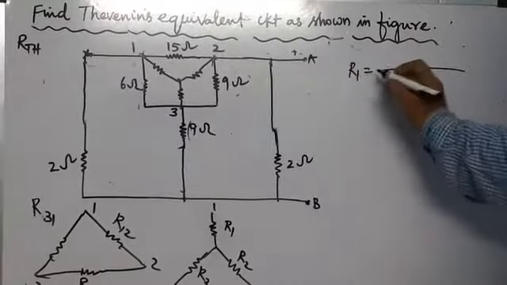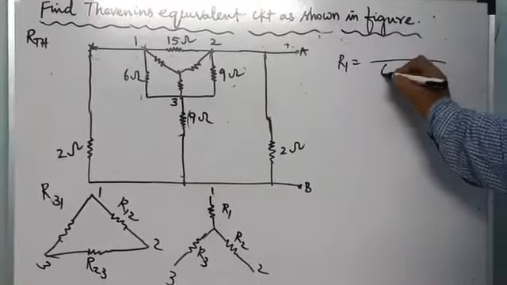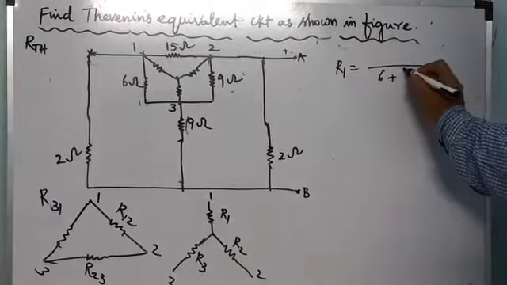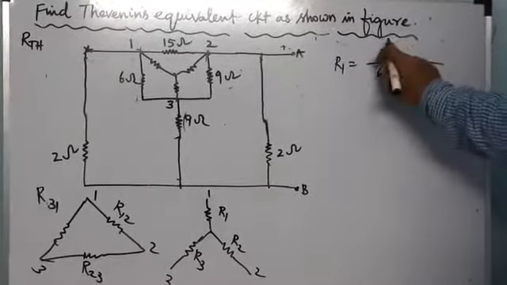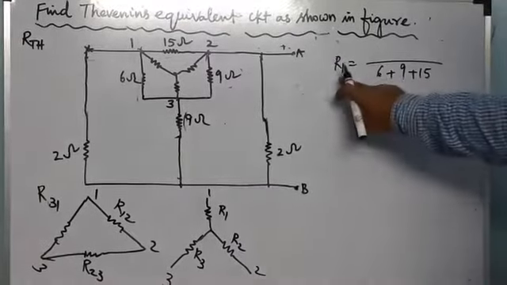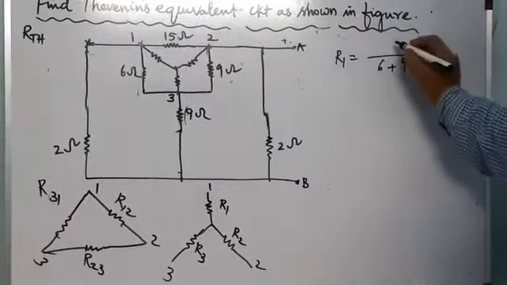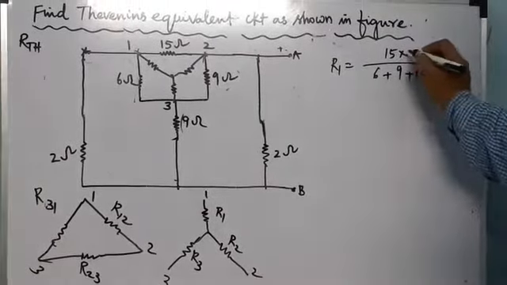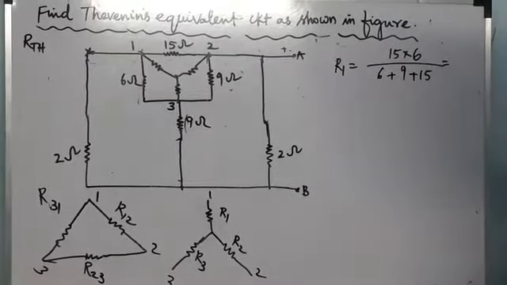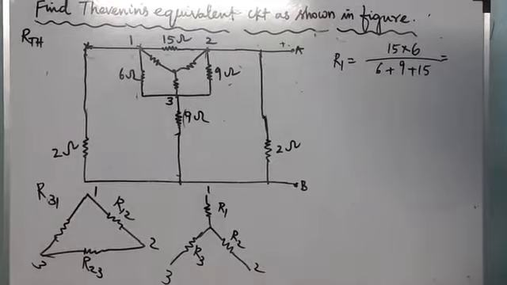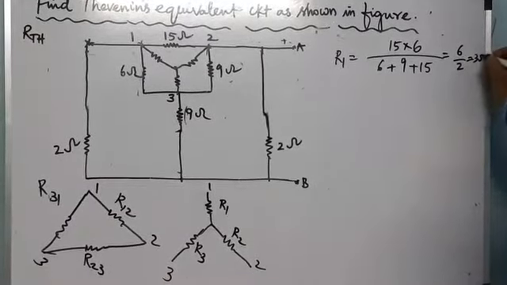Now for R1, the denominator is the sum of all three: 6 plus 9 plus 15. The numerator is R12 into R31, 15 into 6. This value is 6 by 2, so it is 3 ohms.